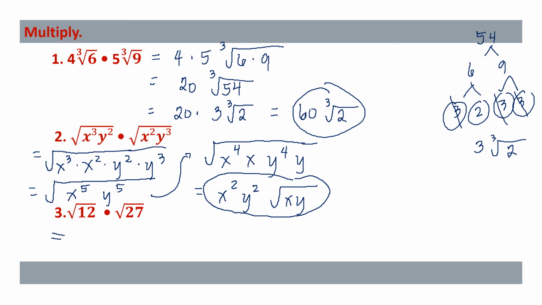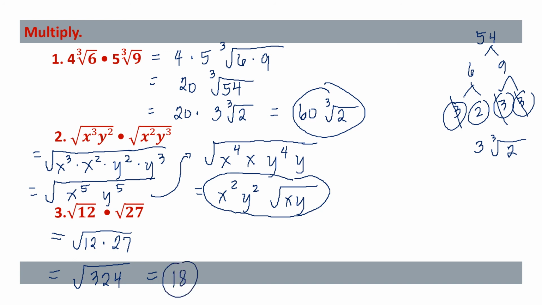This is equal to the square root of 12 times 27. And 12 times 27 is equal to 324. 324 is a perfect square, and the square root of 324 is 18.